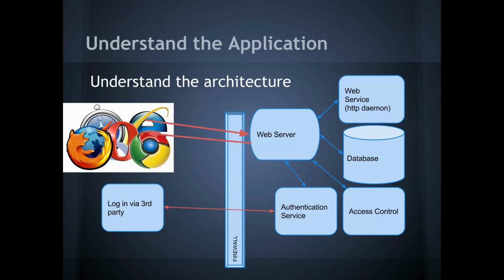And behind the firewall, that web server may be interacting with other services that may be on that same physical machine or maybe on other machines in that network, such as a database or some form of access control service or an authentication service. And now more and more nowadays you're seeing login with Facebook, login with Gmail.